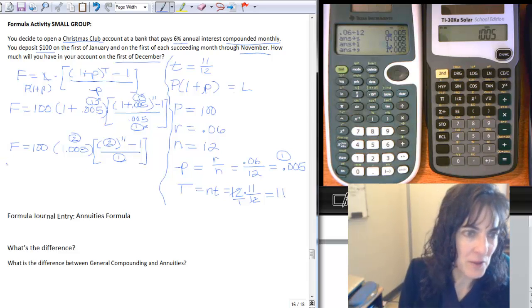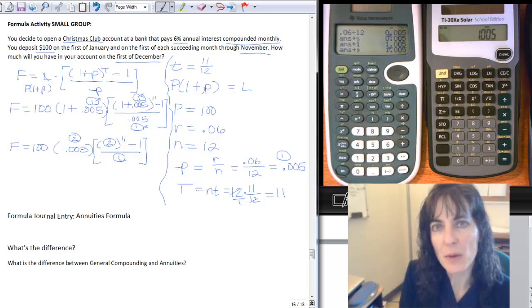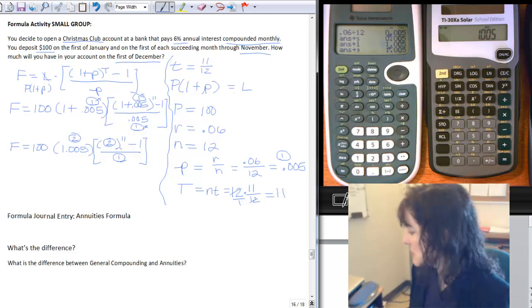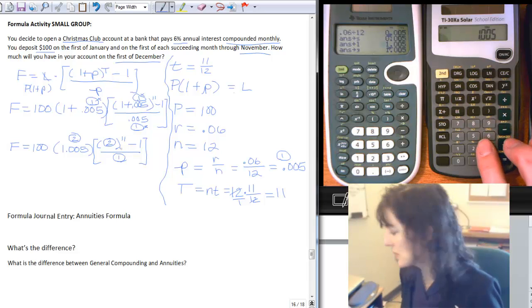Now I can do a little bit more calculations. I'll have to work inside here, so I have to do 2 to the 11th minus 1 and then divide by what I have in bin 1. So it's not the number 2, remember, it's what's stored in bin 2.